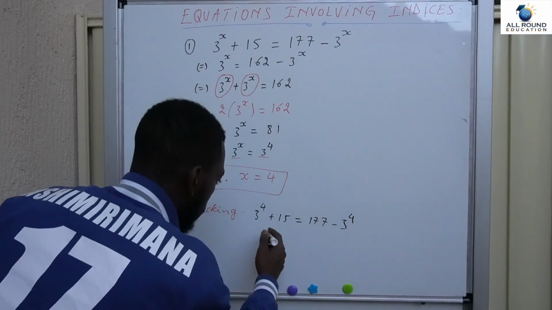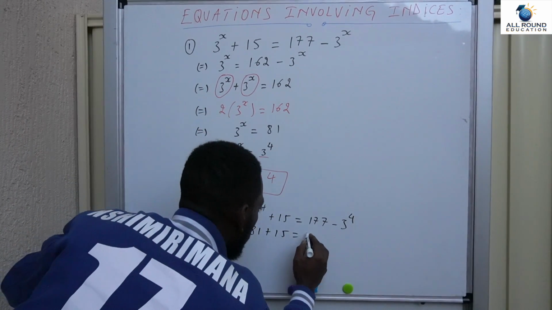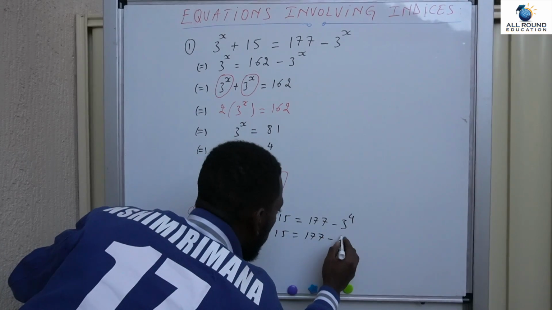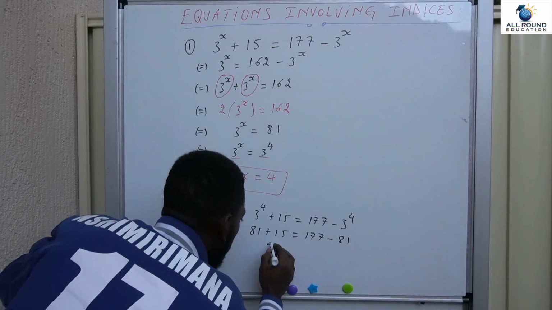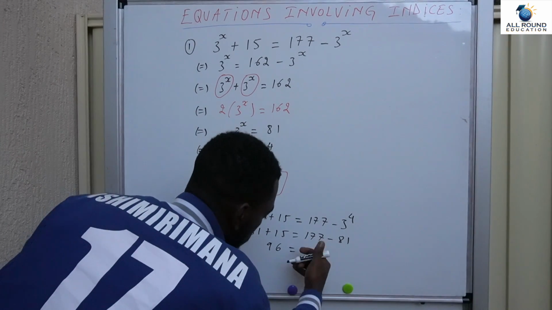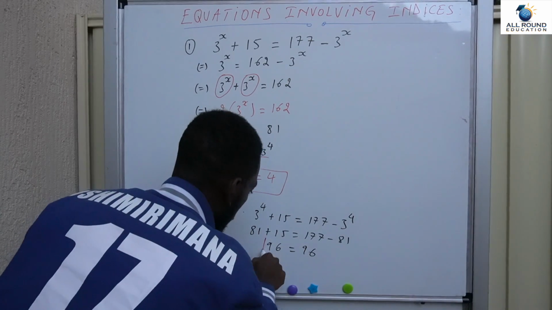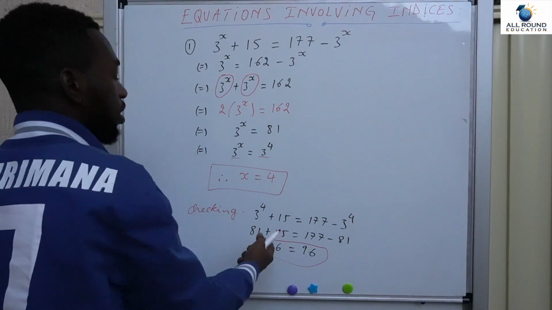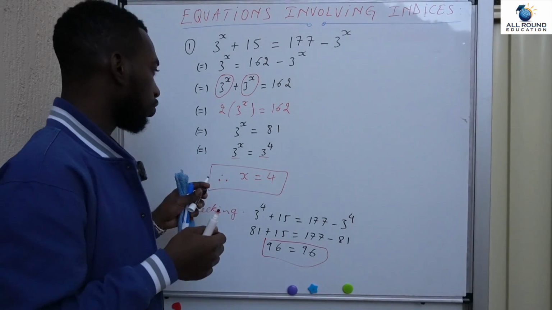So this is 81 plus 15 is equal to 177 minus 81. The left side is 96, and the right side, this minus that, also gives us 96. Therefore you can see that 96 equals 96. So this is our solution to the answer.